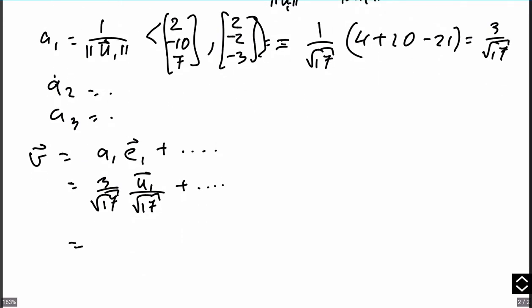But if we just want the coefficient of u1, then this will be 3 over 17, and so on. Similarly, we can calculate the other coefficients. So if you want to expand it in terms of the orthogonal vectors, then we don't need a1, we need a scalar multiple of a1, because e1 is a scaled version of u1.